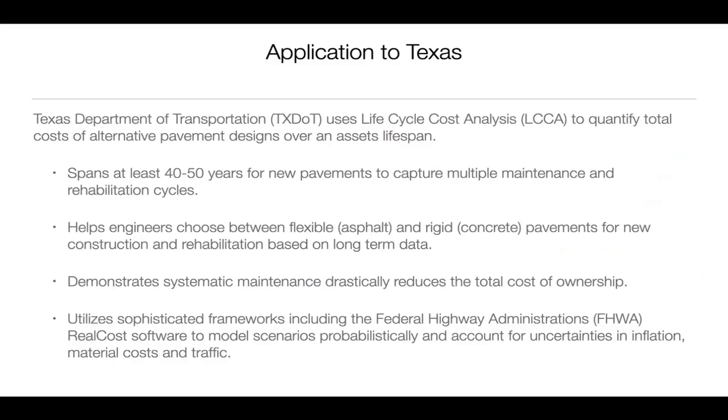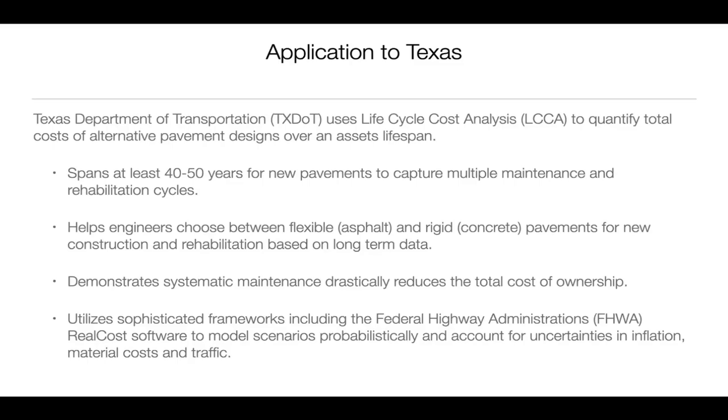This helps engineers choose between flexible asphalt or rigid, which is concrete pavements for new construction and rehabilitation based on long-term data that they've collected for hundreds of years. And it also demonstrates systematic maintenance drastically reduces the total cost of ownership. So that just means it's better to maintain the road along the way rather than replace the road at the end of its lifetime.